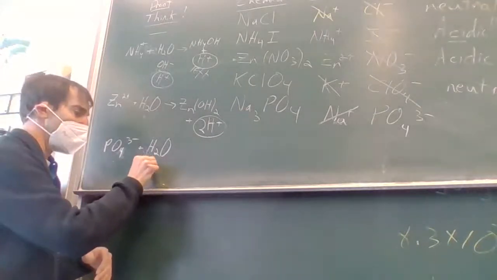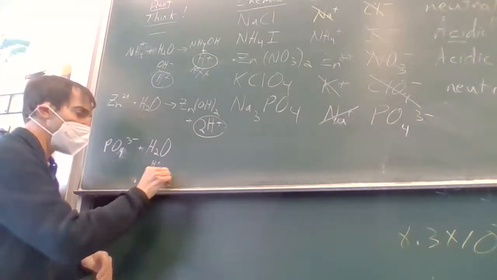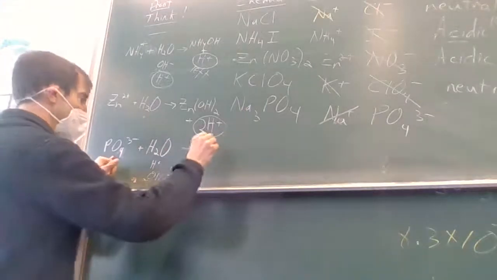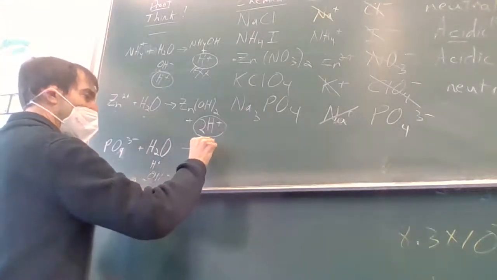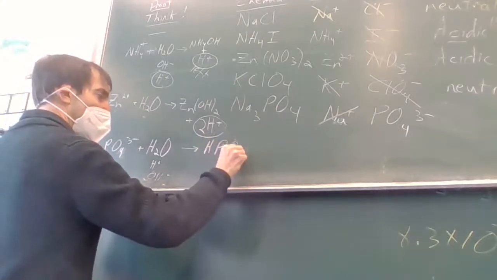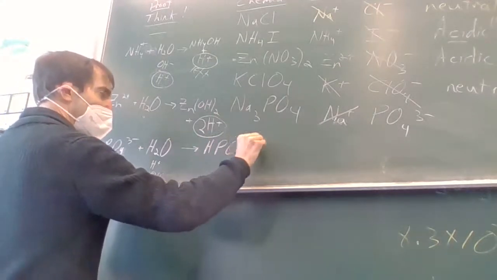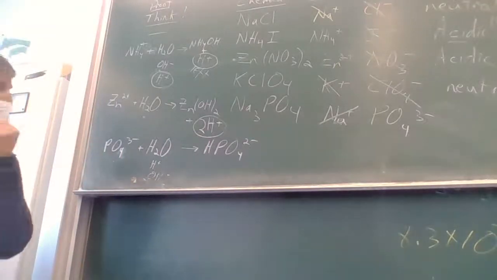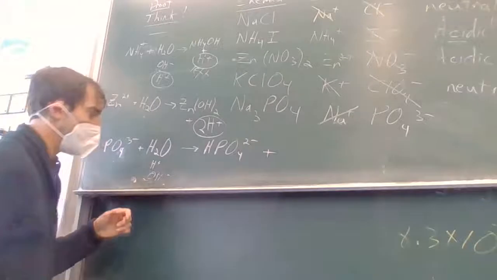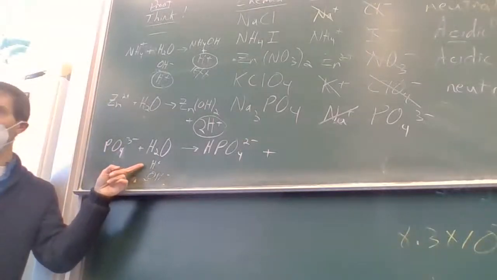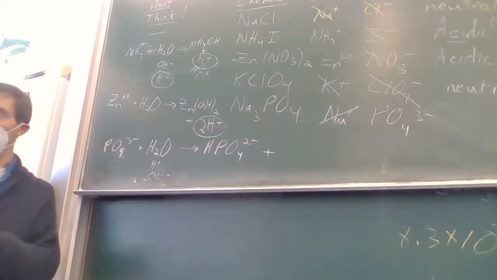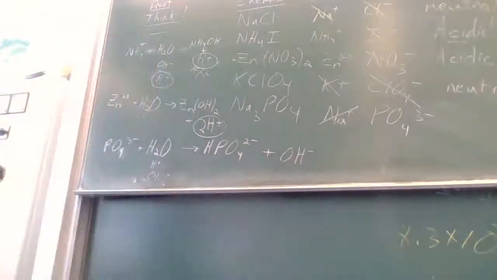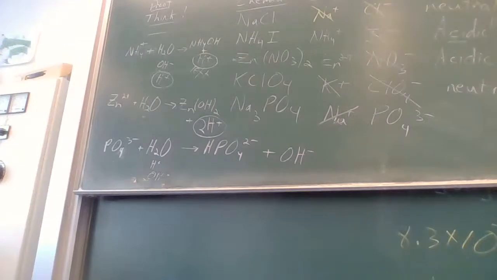Just think, water is H plus and OH minus. So it's going to grab some H plus out of here. It doesn't matter how many. We can just do one. HPO4 2 minus. Or you can have it grab 3. It doesn't matter, gang. Whatever you want to do. But the important thing is, because she had me put an H plus on there, then Penelope, what's left over? Making the solution what? Basic.